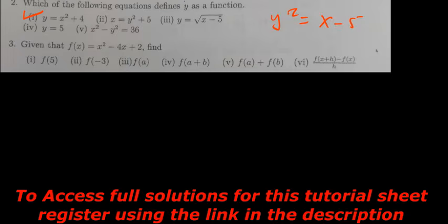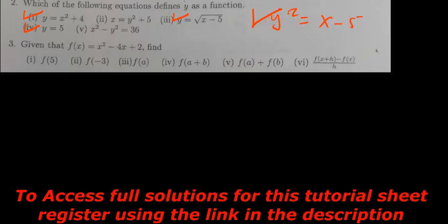Or one value of x mapping to two values of what? Y, which is not true. So this does not define y as a function. This one is true because y is alone. And this, we know that this is a radical function. So y is alone, not raised to anything, it defines y as a function.